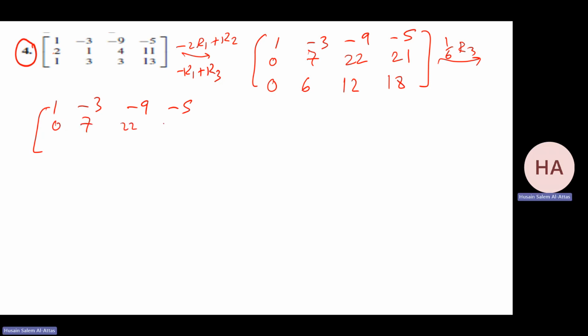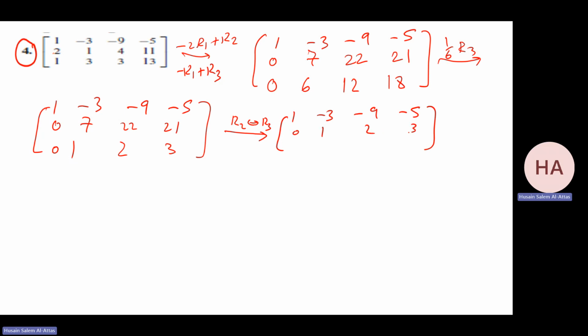I'll do it in 2 steps. 0, 1, 2, 3. Now interchange R2 with R3, to have 1, minus 3, minus 9, minus 5, 0, 1, 2, 3, 0, 7, 22, 21. Now multiply the second row by minus 7 and add it to the third row.